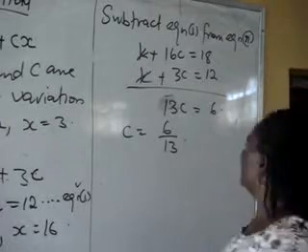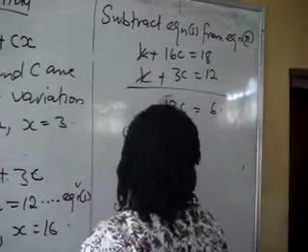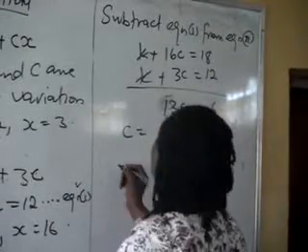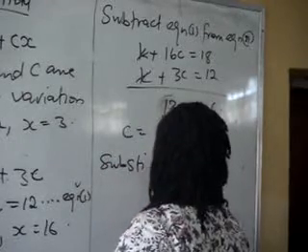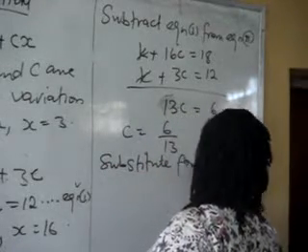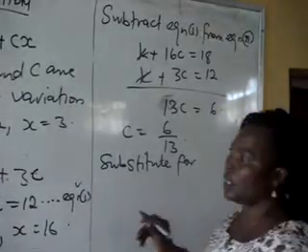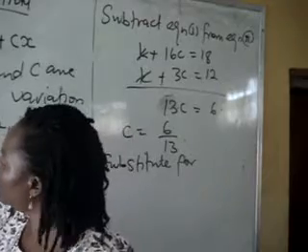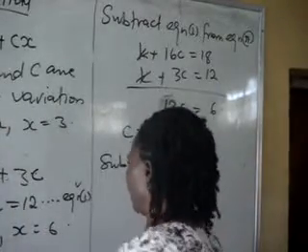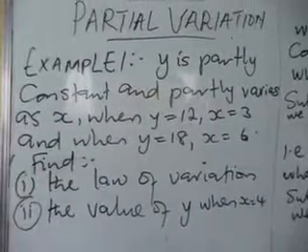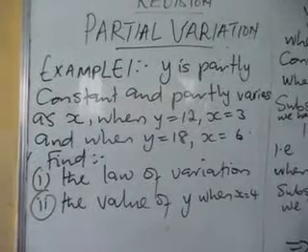And substituting for c equals 6 over 13 in equation 1, we have 3c, which implies 2.